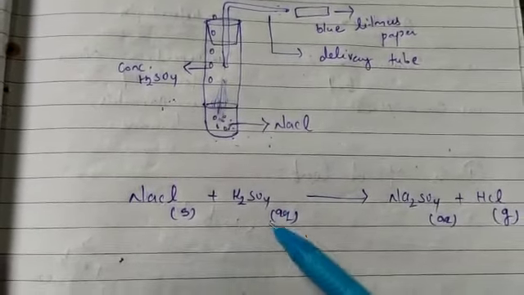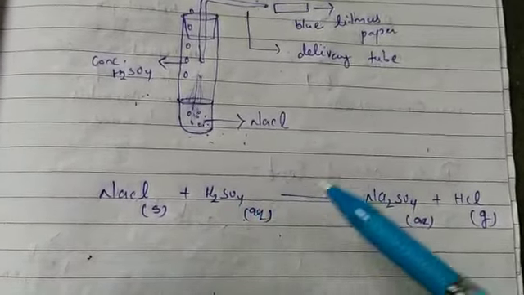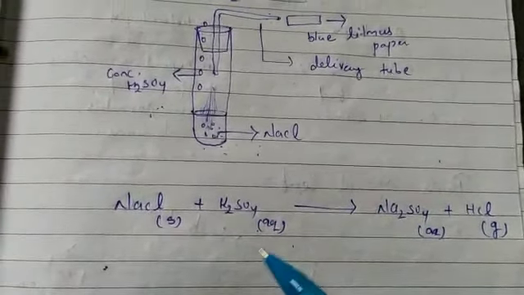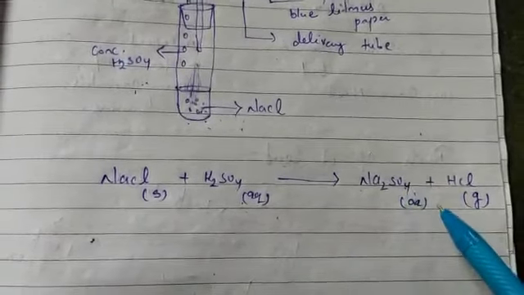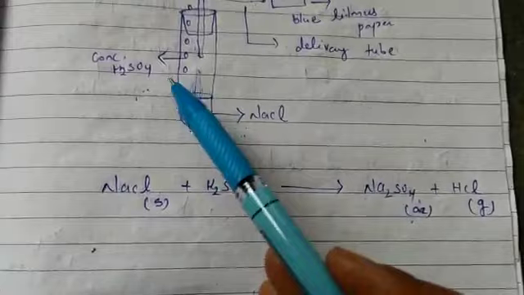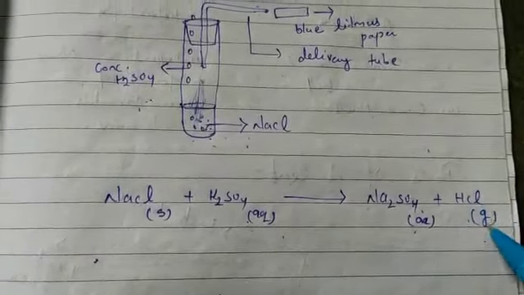A double displacement reaction takes place, where ions get exchanged. So we will get Na2SO4, which is in aqueous form in the test tube, and HCl in the gaseous form.